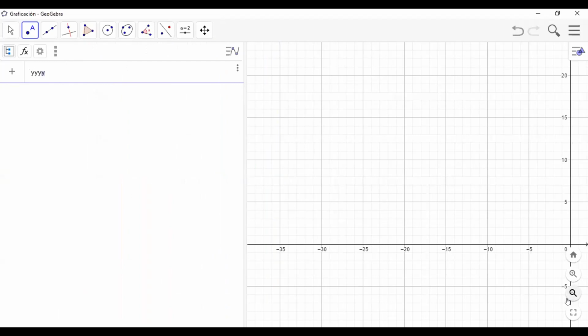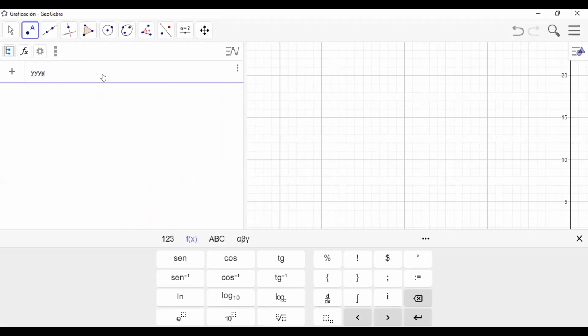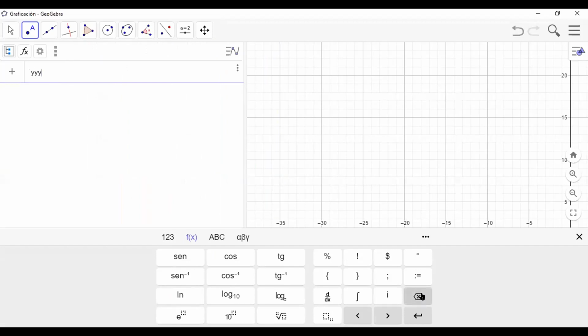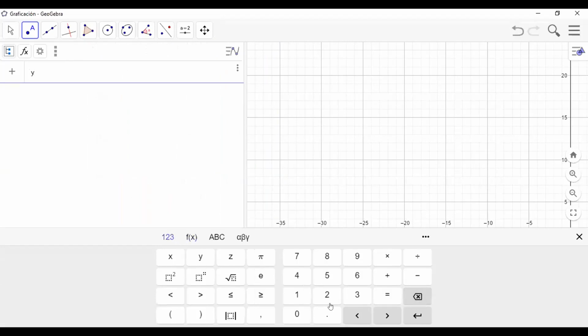Now, backspace, erase, y is equal to 3x plus 2. You can type it in also with your keyboard. Y equals 3x plus 2.